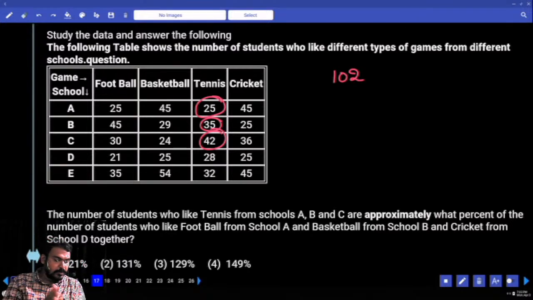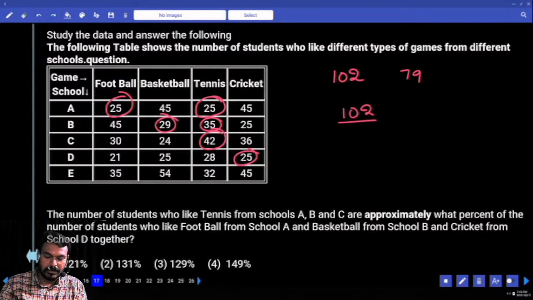Approximately what percent of who like football from school A? 25. Basketball from school B? 29. Cricket from school D? 25. 25 plus 25, 50, plus 29, 79. Is what percent? Means 102 by 79 into 100.